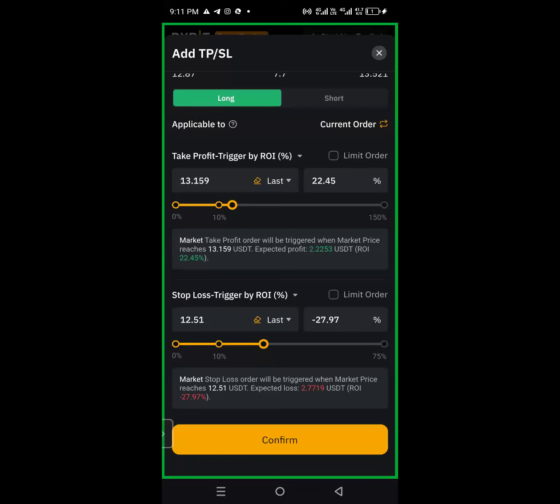What are we going to do from here? Let us assume that our beginning trading balance for the day is 100. No, let's use 200. Let us assume our starting trading balance for the day is 200 USD.